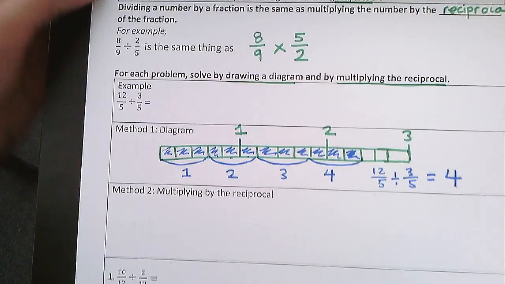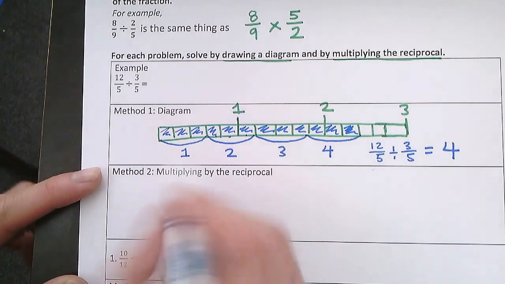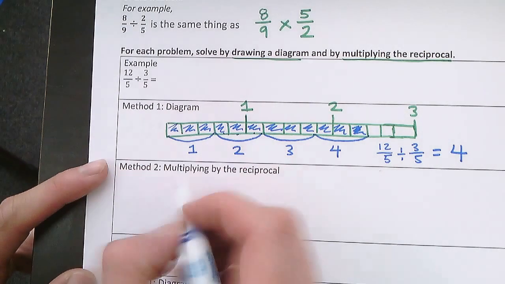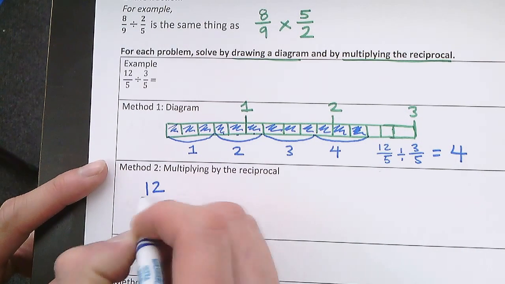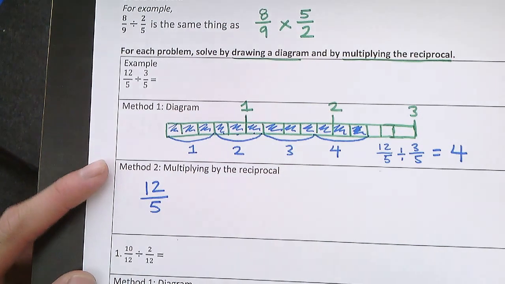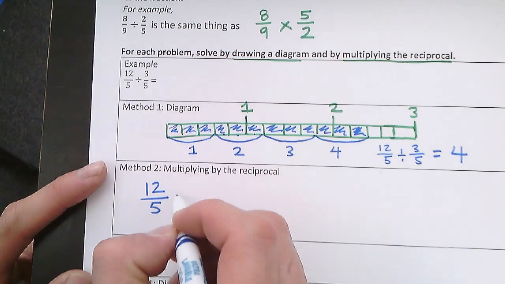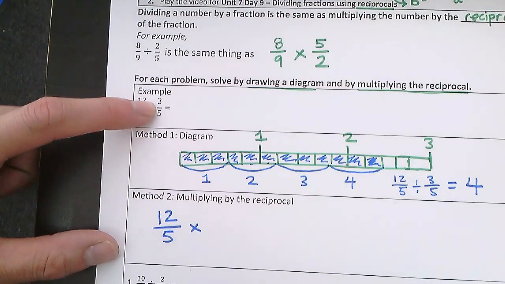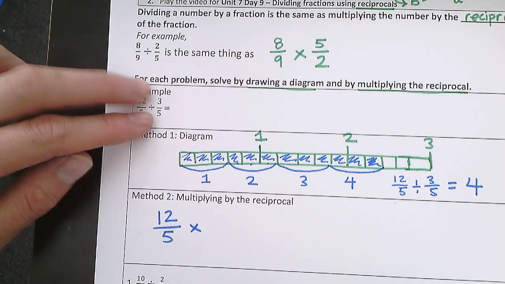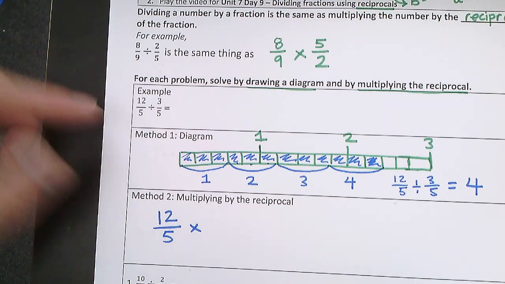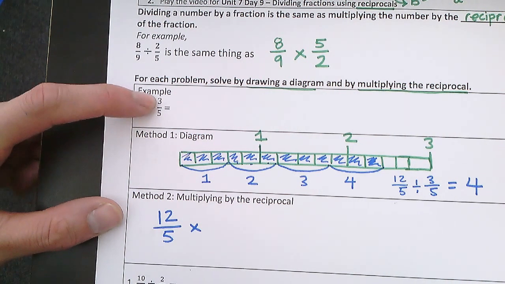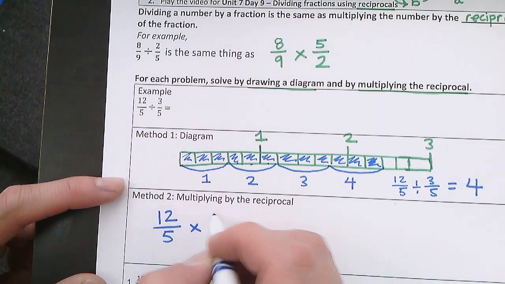Now let's try the second method of multiplying by the reciprocal. We'll start with 12/5. Instead of dividing, we're going to multiply. And for 3/5, the reciprocal, we just switch the numerator and the denominator, so 3/5 becomes 5 over 3.